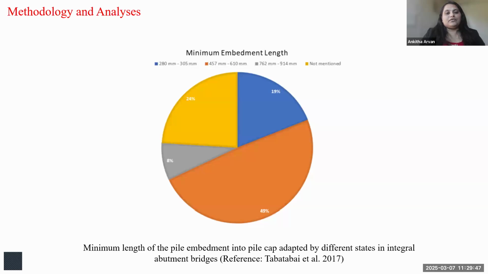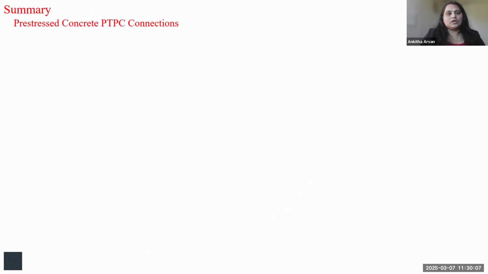Then I also did a review for minimum embedment length. There was a parametric study conducted for understanding the minimum length of pile embedment into the pile cap. This was all reviewed in order to understand the effect of pile embedment length on the fixity, etc.